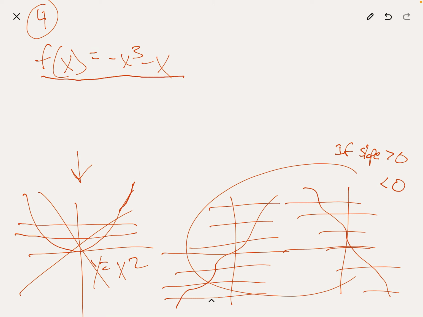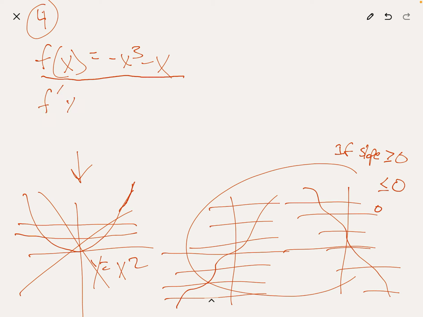And the exception is the slope can occasionally be 0, so maybe greater than or equal to 0 or less than or equal to 0, as long as the slope is 0 at no more than one point. So it can't be 0 at 2 adjacent points on the x-axis. Okay, so 1-to-1 function.